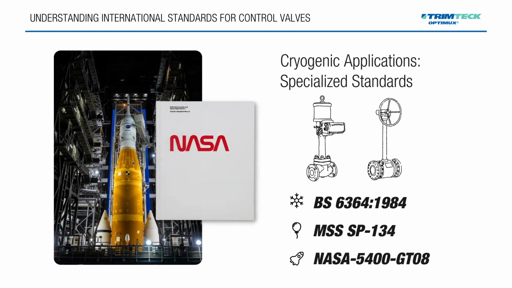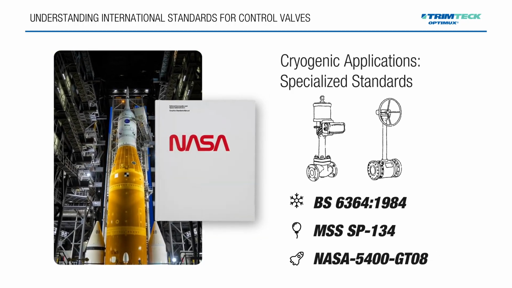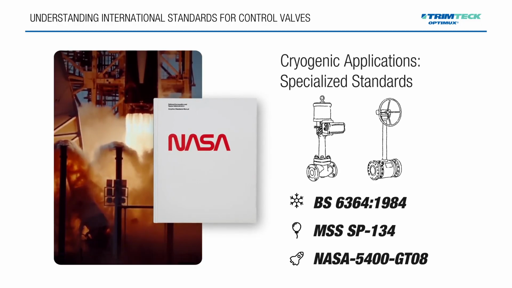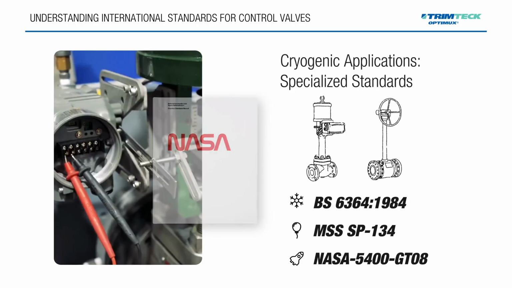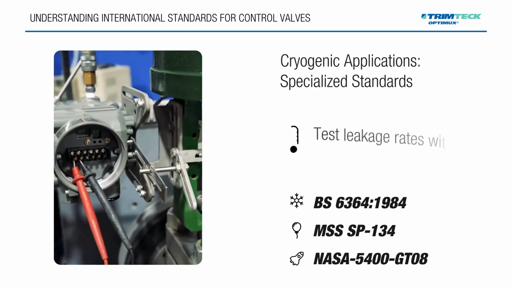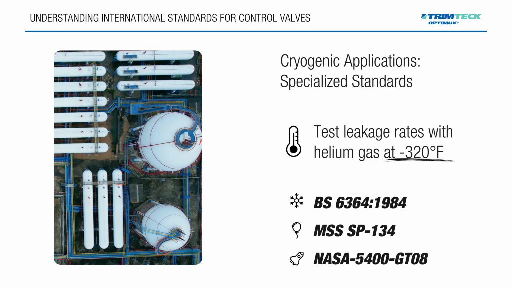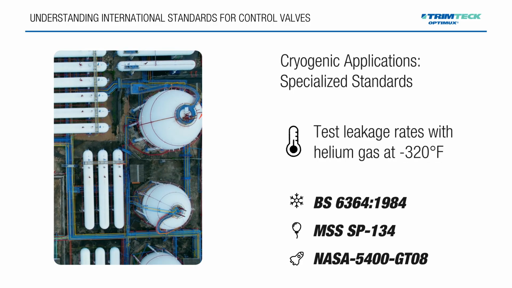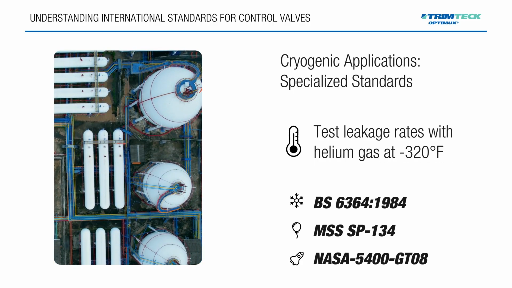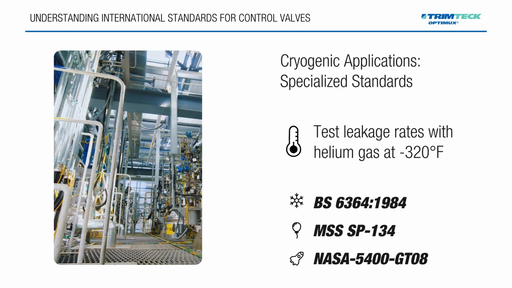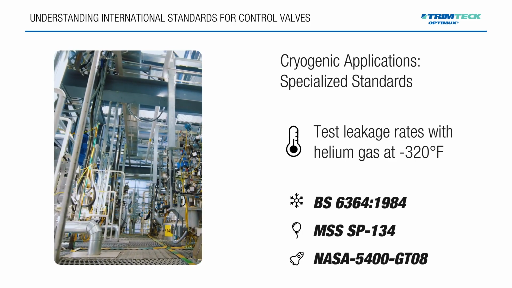NASA 5400 GT08, even stricter requirements used in aerospace cryogenic systems. Cryogenic standards test leakage rates with helium gas at -320 degrees Fahrenheit, often allowing only a few cubic centimeters per minute depending on valve size, regardless of whether it's on-off or modulating.